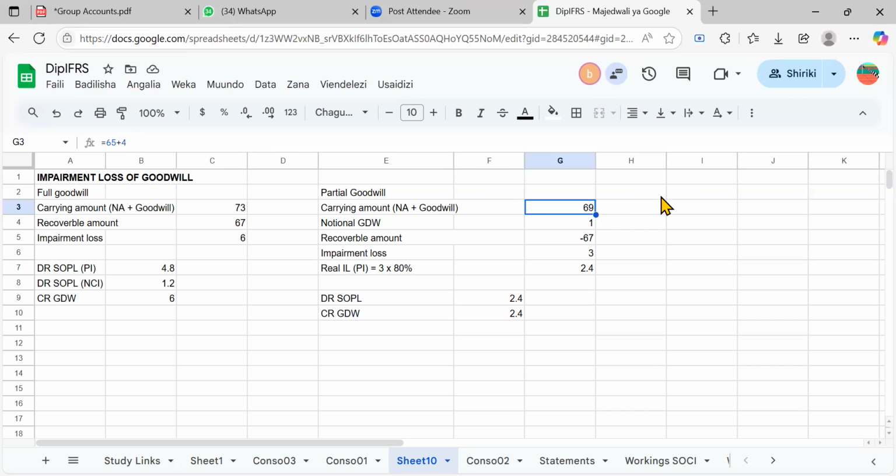So I would have said, okay, 65, and then I only take my 80% because I know my goodwill is 80% only. So 65 times 80 percent, which is 0.8. And then the result, I would have added to the goodwill, which was 4, right? You see now, the goodwill was 4, so I've left my goodwill as it was, which is 4.